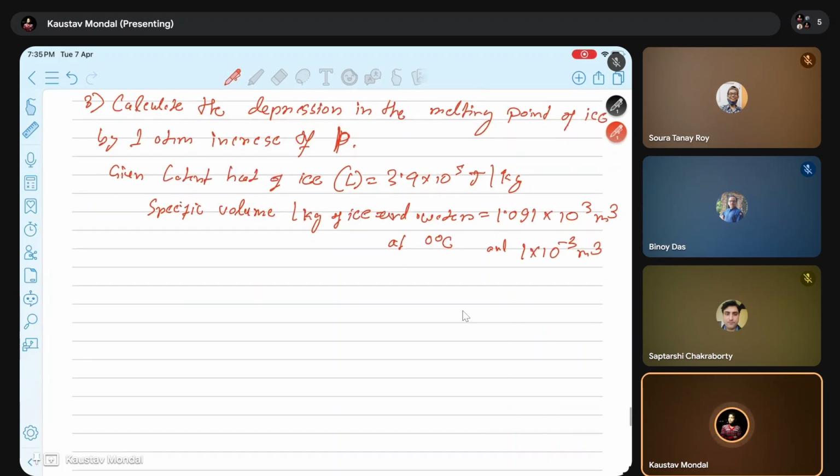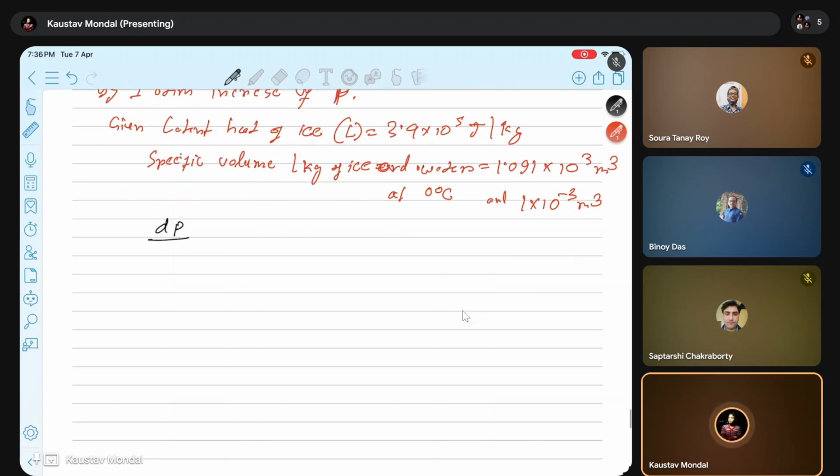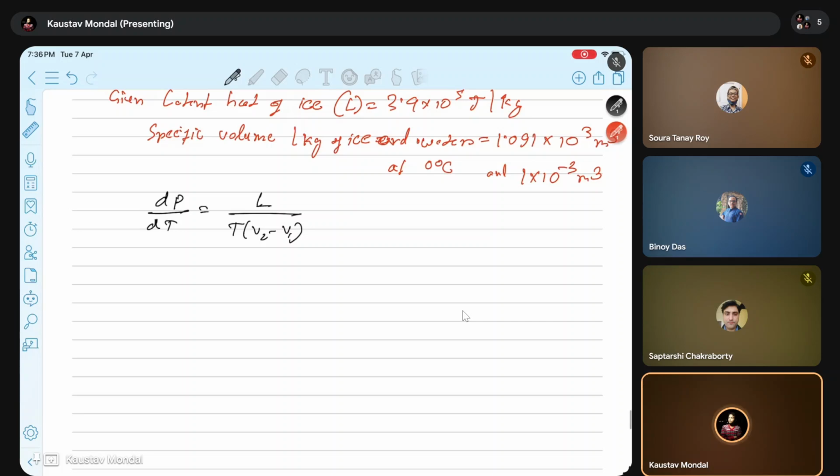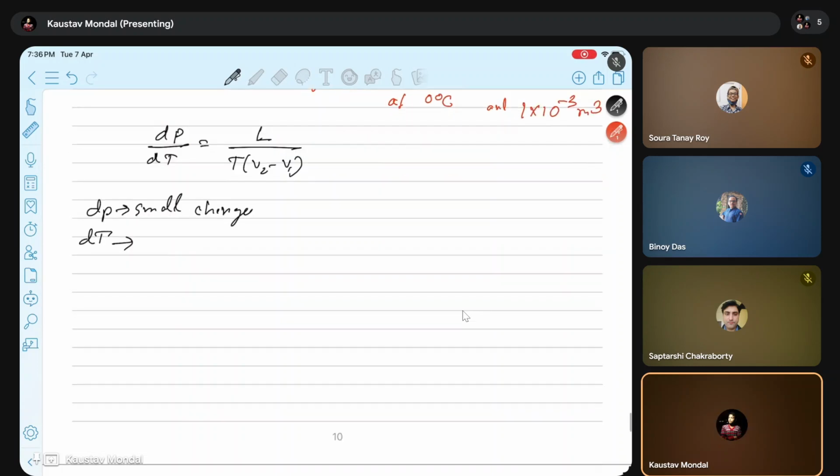So what we have to do here is start from the Clapeyron's equation, dP by dT equal to L by T into (V2 minus V1). Here dP denotes the small change in pressure, and dT shows the small change in temperature due to dP.